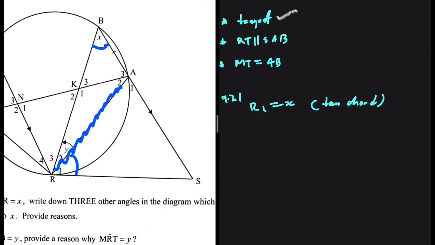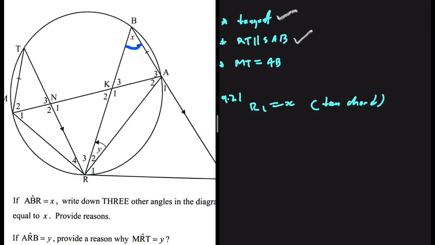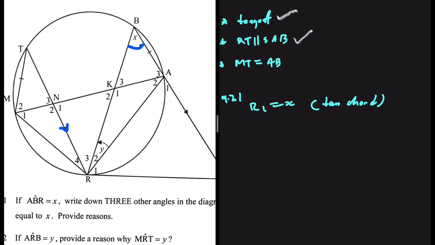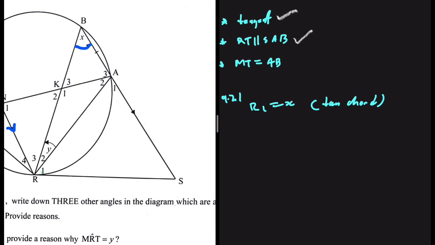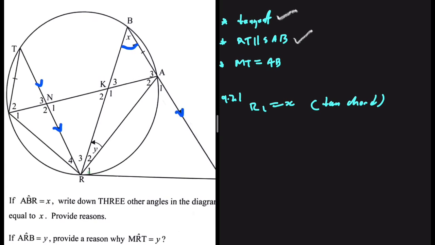Let's see if we can use the second keyword to find an angle that is equal to x. So the second keyword, RT is parallel to SAB. So where is RT? We have RT right here and it is parallel to SAB, this line.